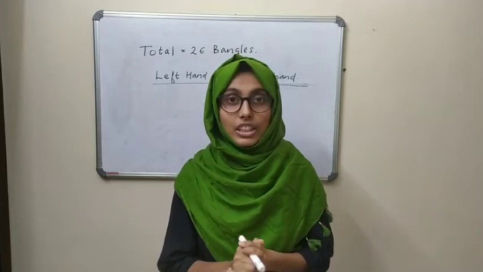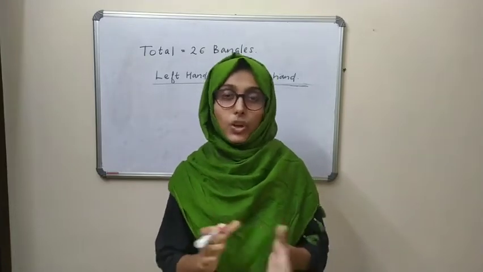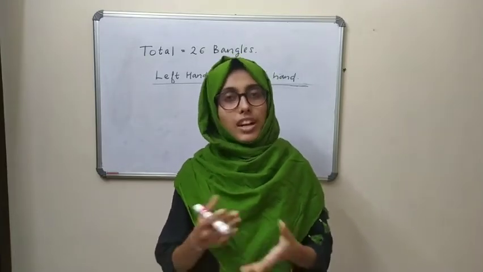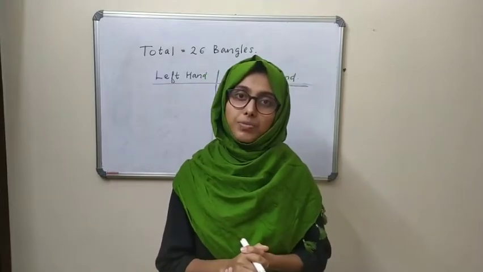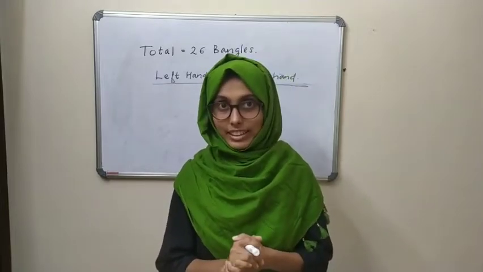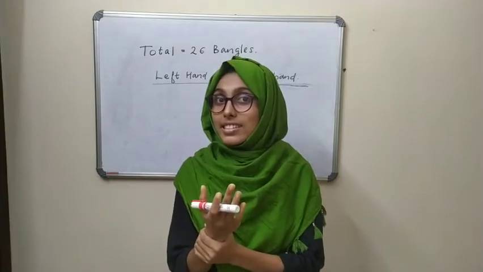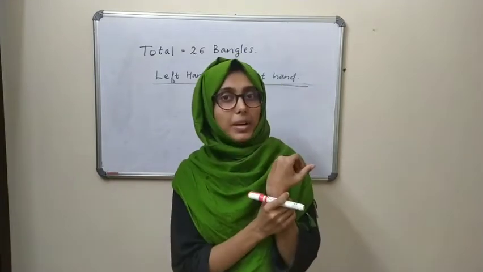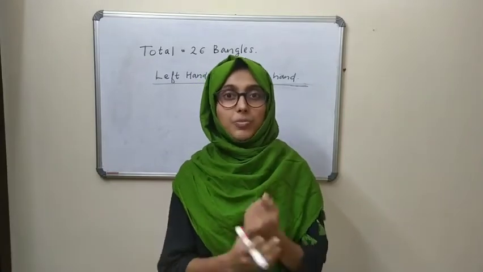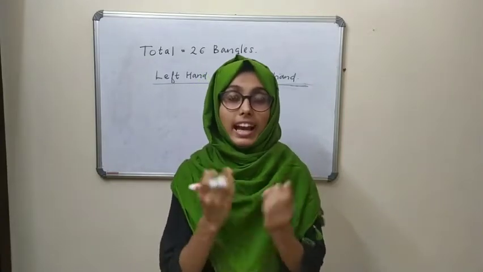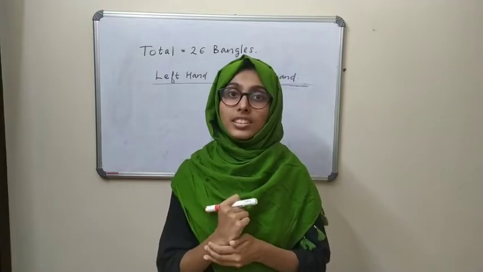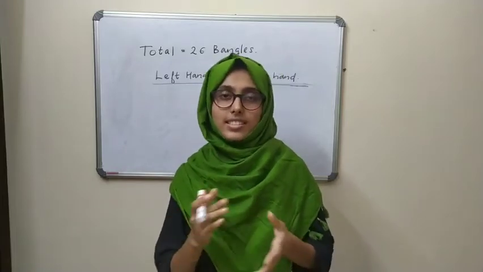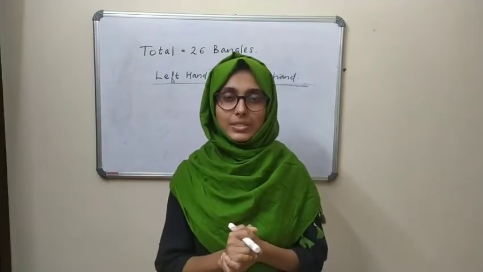Nandana has 26 bangles in total, isn't it? Now tell me, is there any other way? Yes, she can wear 18 bangles in the right hand and the other 8 bangles in the left hand. Then only if we add both, we will get 26 bangles, isn't it?